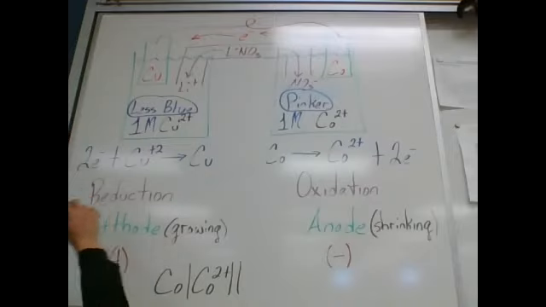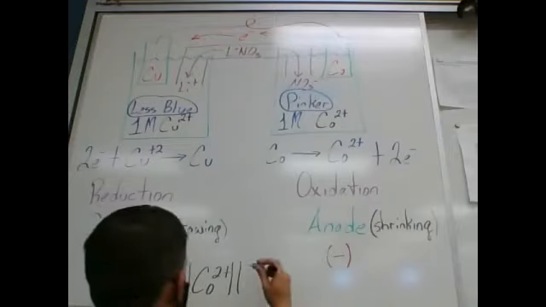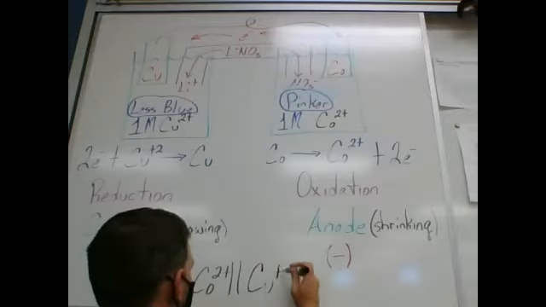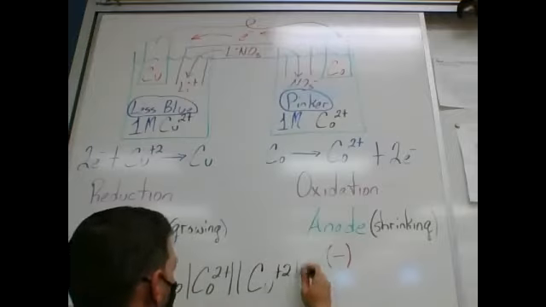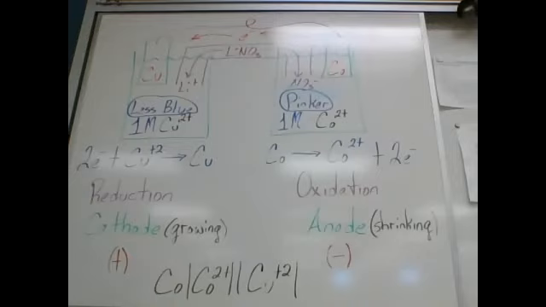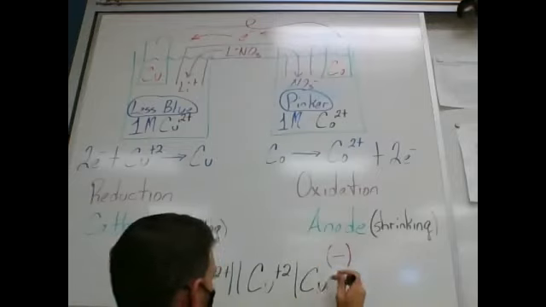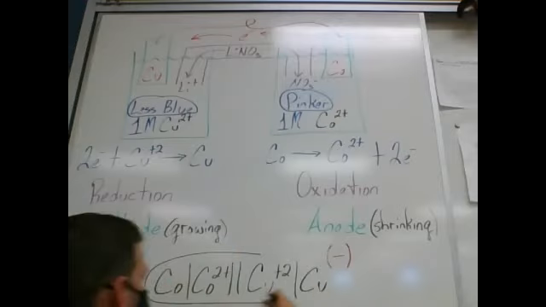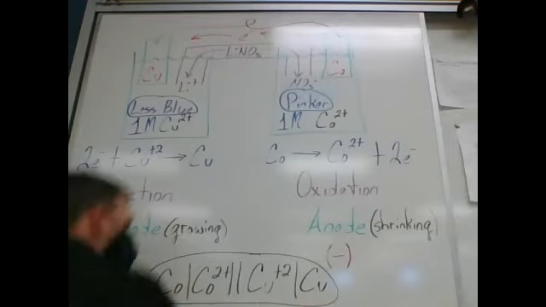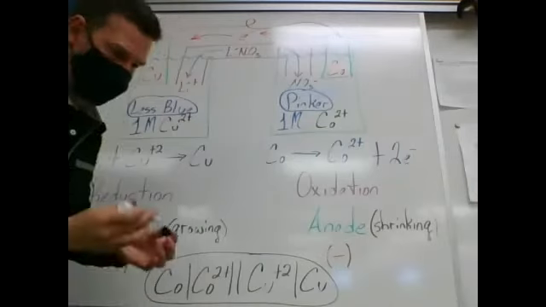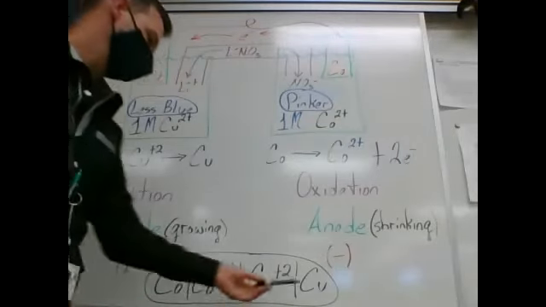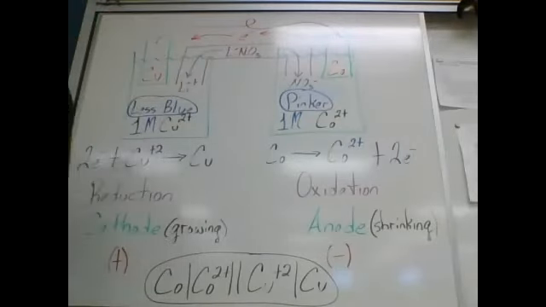Over on the cathode, the first non-electron thing I see is copper 2. Draw 1 line. And then I see copper. And there is your shorthand notation.